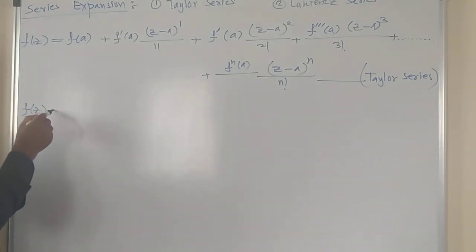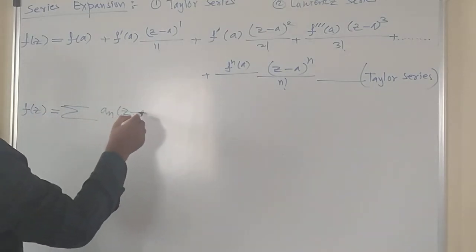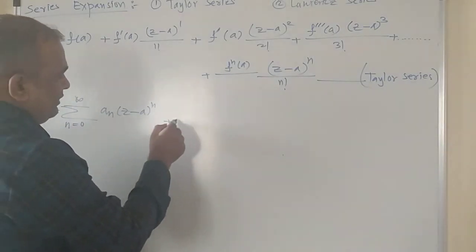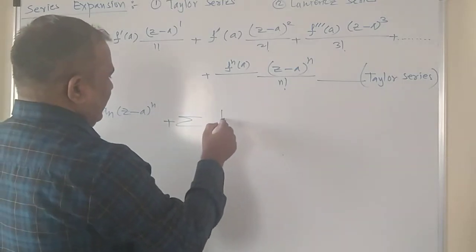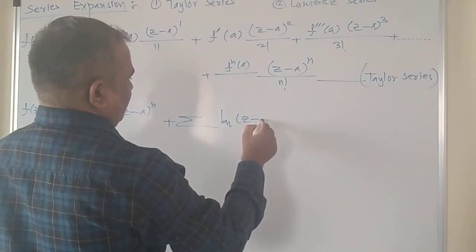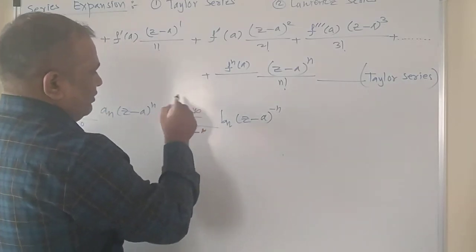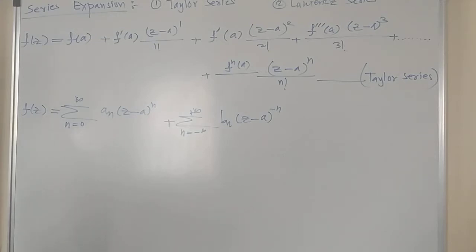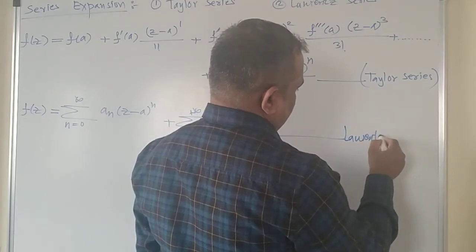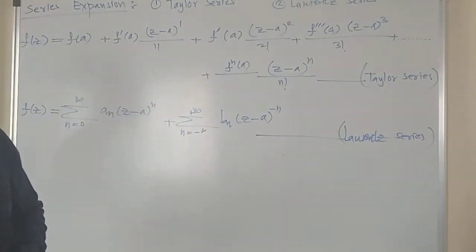What is the Laurent series? f of z is equal to summation of a n into z minus a raised to power n, where n runs from 0 to infinity, and the second term is b n into z minus a raised to power minus n, where n runs from minus infinity to plus infinity, right? This is the Laurent series. So you are quite familiar with the Laurent series.